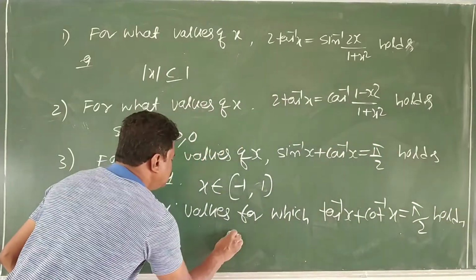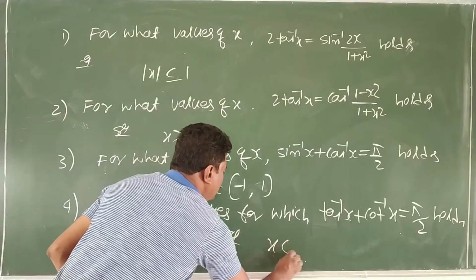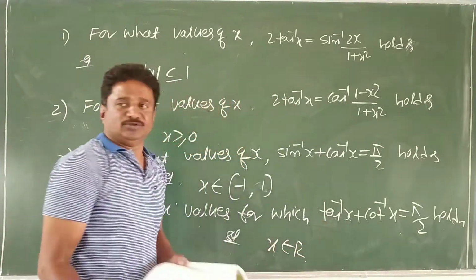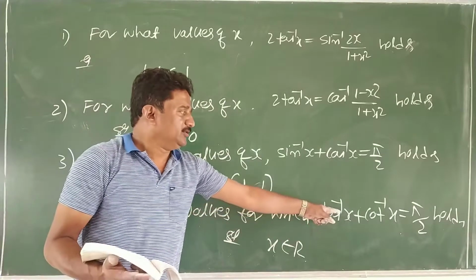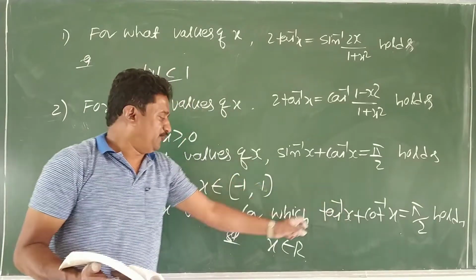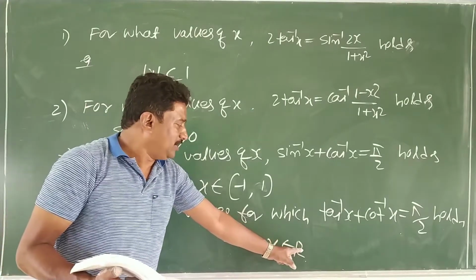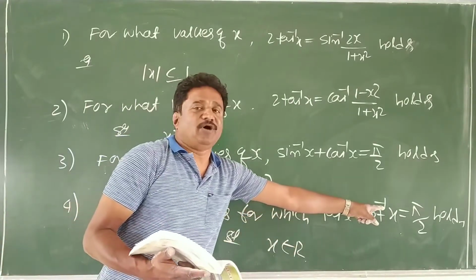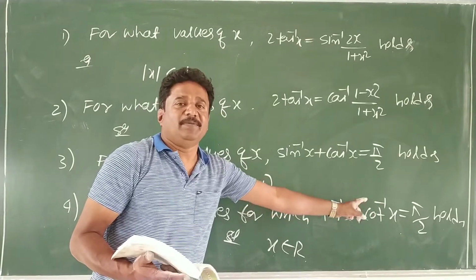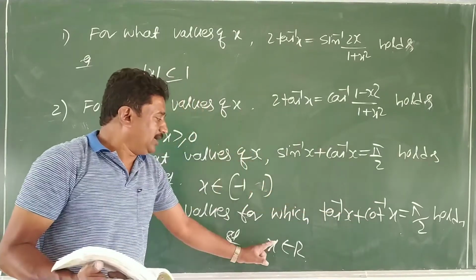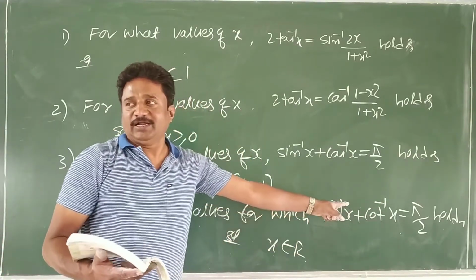Solution: the answer is x belongs to R. So this formula becomes true for all real x values, for all real numbers. This formula becomes true for all real values of x, right?